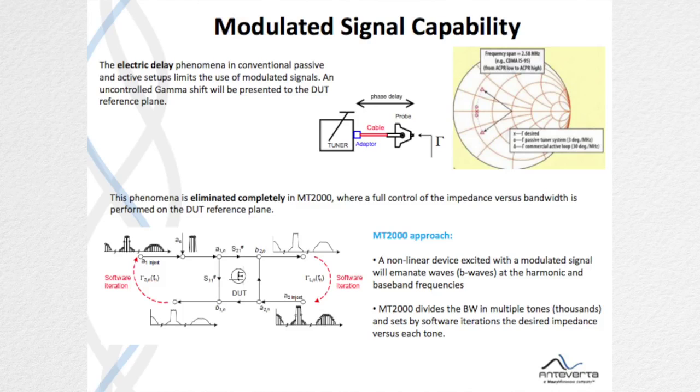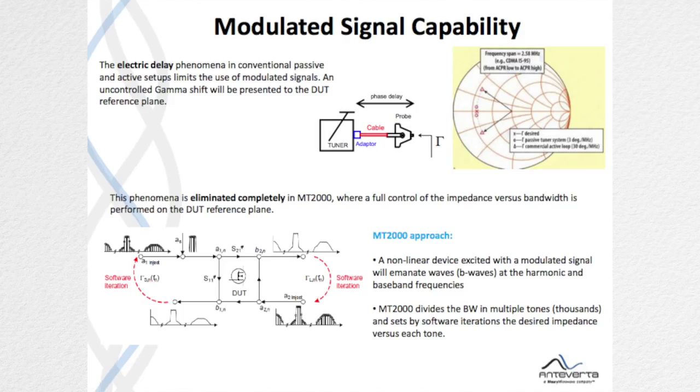When you look at what's happening around the band, you'll have a certain phase delay that depends on your physical length. This phase delay can go from about 3 degrees per megahertz in very optimized systems to about 30 degrees per megahertz in different types of systems.